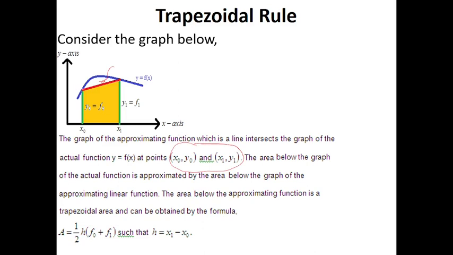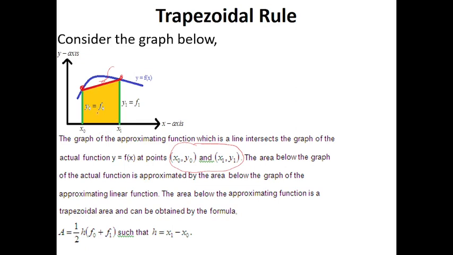The area below the graph of the actual function is approximated by the area below the graph of the approximating linear function.